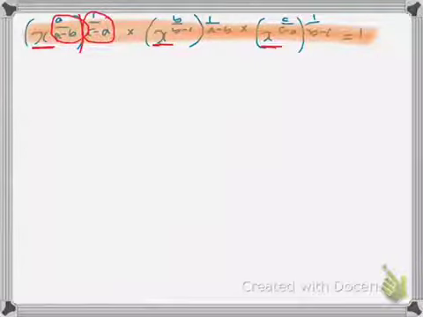The power of the first x is a divided by a minus b, and it has been multiplied by another power outside the bracket, which is 1 by c minus a.